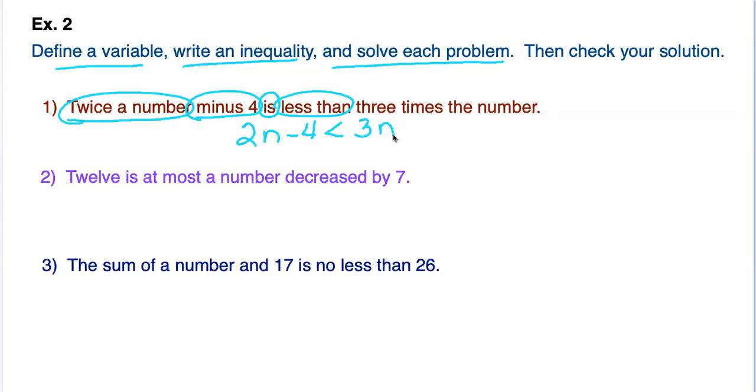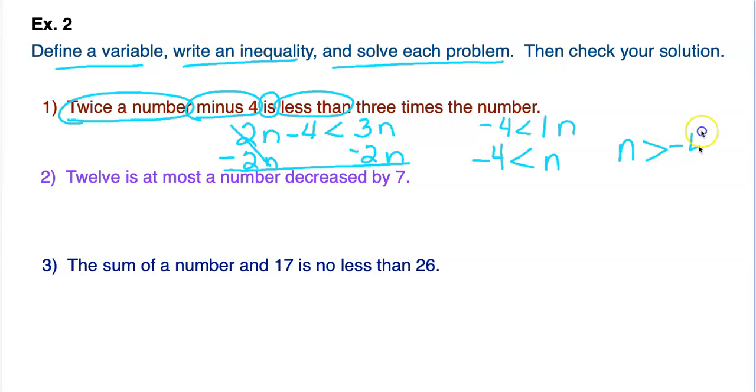Since I already have n's isolated on the right, I'm going to take this 2n over to visit the 3n by subtracting it. So we did the opposite operation. So we now have negative 4 is less than 1n, which means the same thing as n is greater than negative 4. And I'm just going to rewrite that as n is greater than negative 4. Remember, we read it this direction.